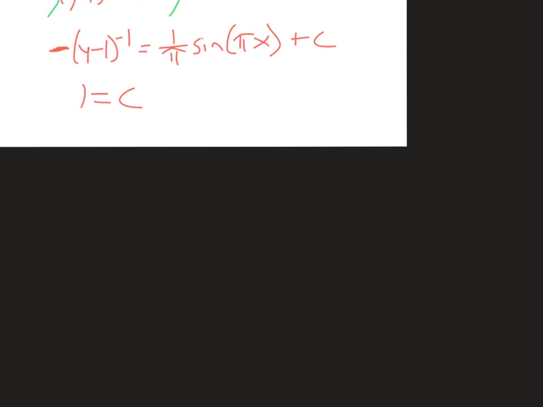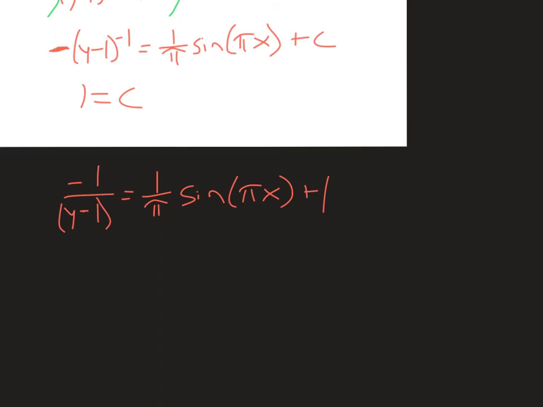So we've got, I'll write this a little bit better here, negative 1 over (y minus 1) is equal to 1 over pi sine of pi x plus 1. And we just need to solve this for y. What I would think about doing here is just think about multiplying this (y minus 1) to the other side.